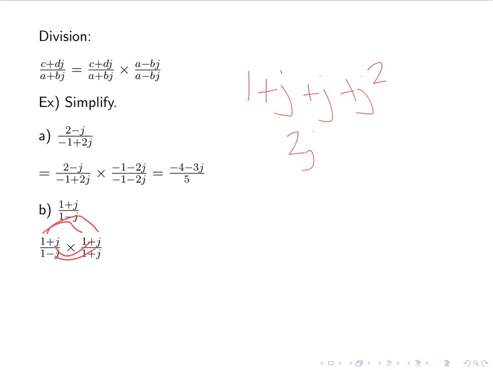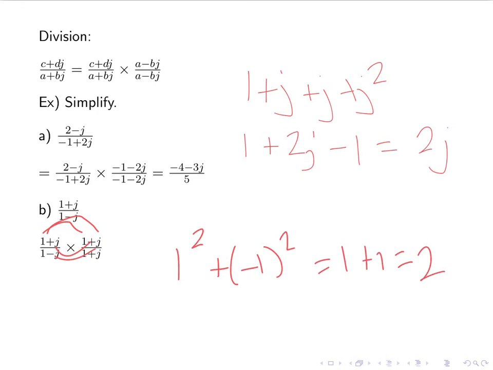The middle two terms is 2j. J squared is minus 1. So my numerator is 2j. My denominator, a squared plus b squared, is 1 plus 1 is 2. So my denominator is 2.